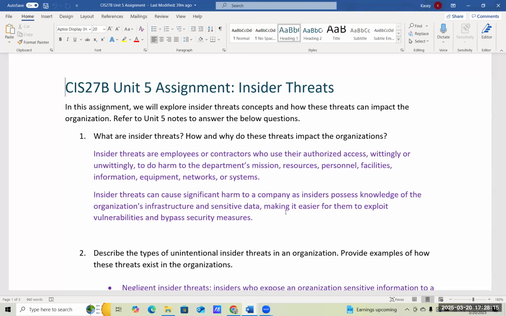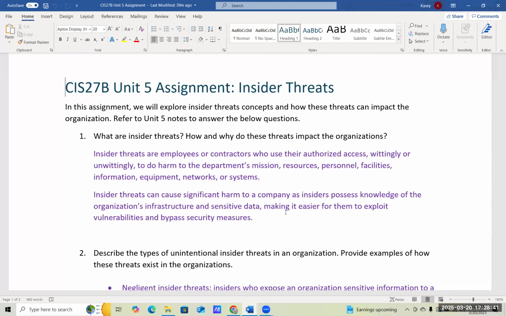As for how insider threats impact the organization, they can cause significant harm to the company because they have knowledge that an outsider would not have, about the infrastructure where the sensitive data is stored and how it can be accessed.